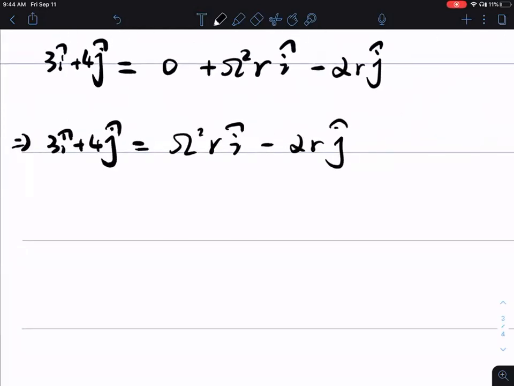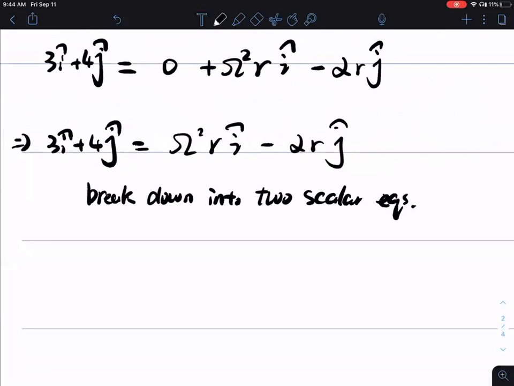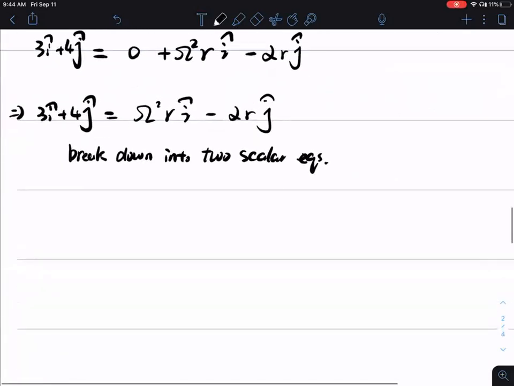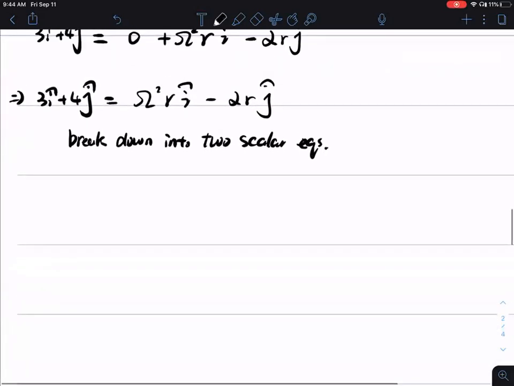So write the notes down: break down into two scalar equations. The first scalar equation is on I. It's for the I components. You write I, add a colon. So on the left-hand side, you have 3.